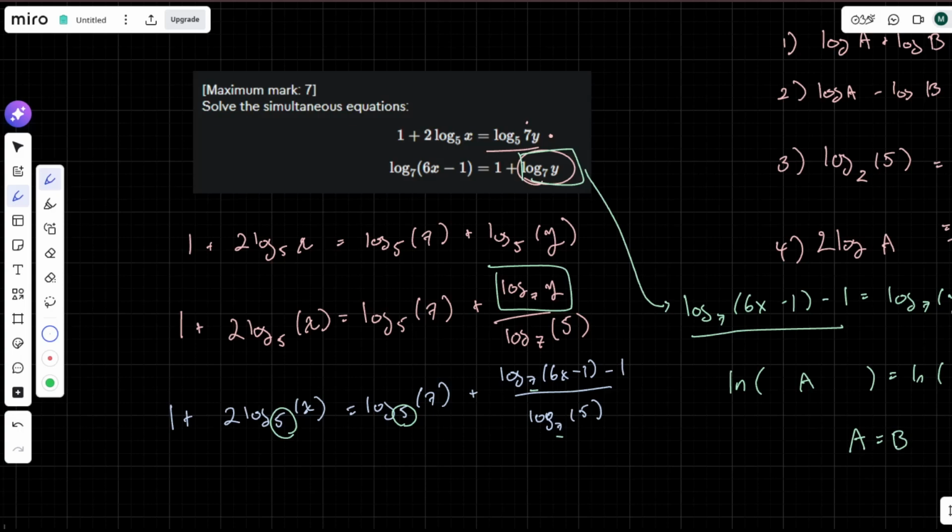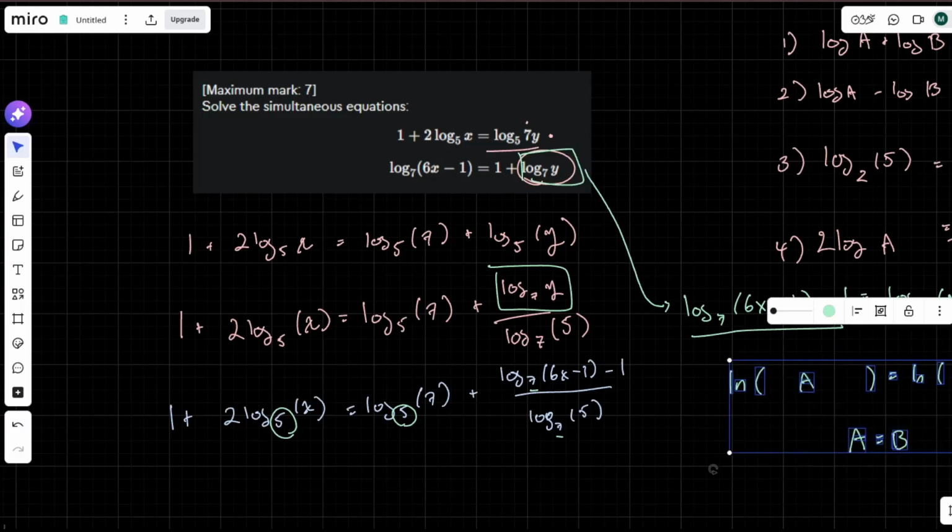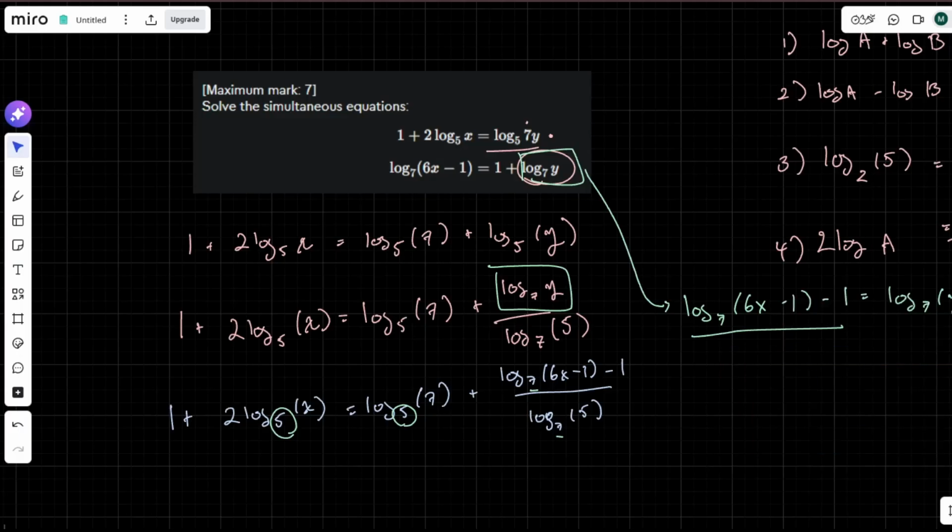Because the only way that the two sides of the equation can be the same is if a and b have the same value. So that's kind of my goal, but in order for me to get to that point, I need everything to have the same base.